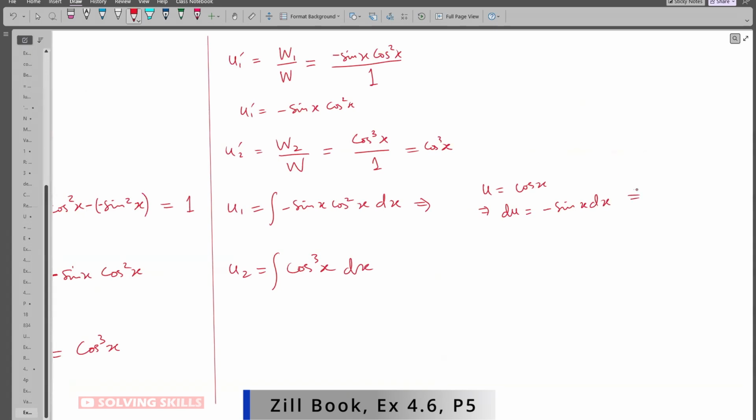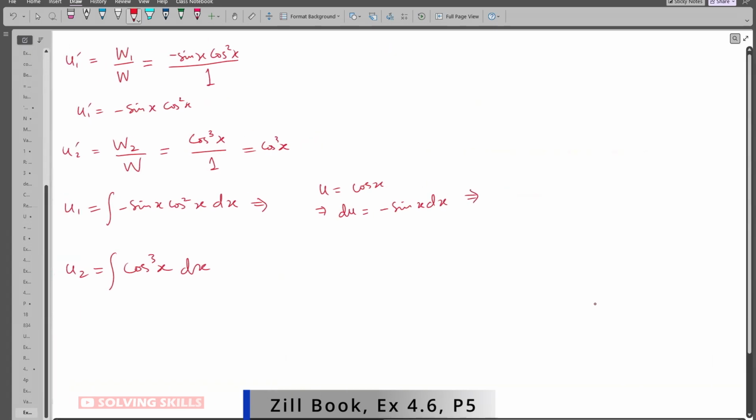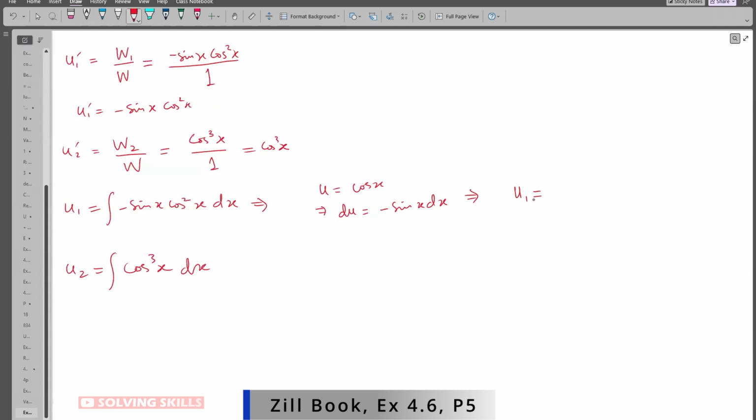So you replace the substitutions and you get u1 equal to the integral where minus sine x dx can be replaced by du, and cos square x can be replaced by u square. So you get u cube divided by 3, and u was assumed to be cos x. So cos cube x divided by 3. So this will be the u1.